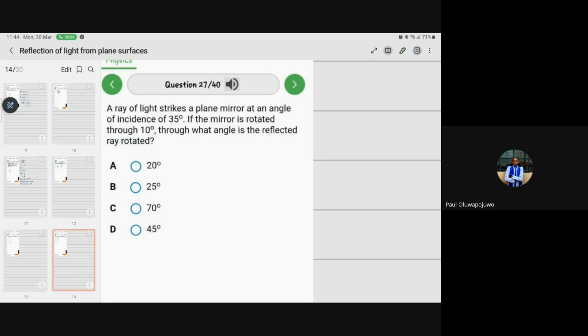I have Paul saying the answer is D. I have Emmanuel saying the answer is A. Do we have people supporting Emmanuel? Meso said A. Okay, Meso is supporting also. I need two more answers, and I will call in names.